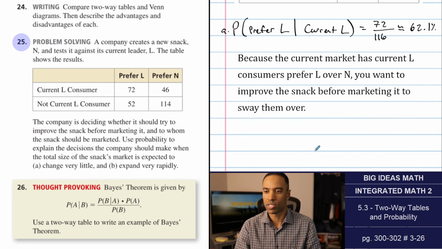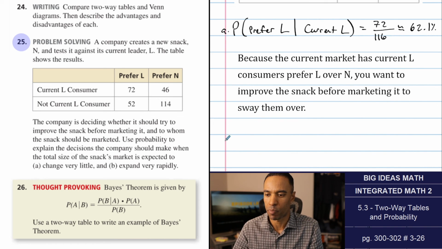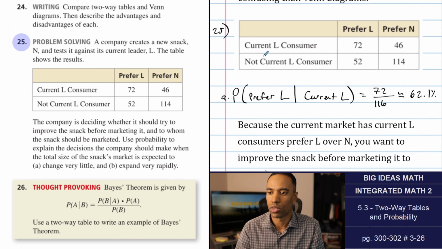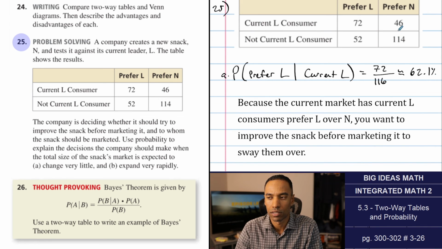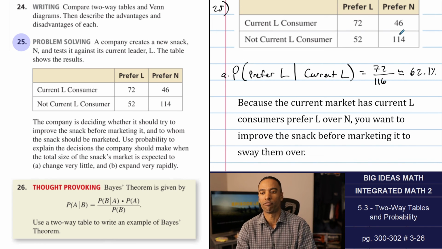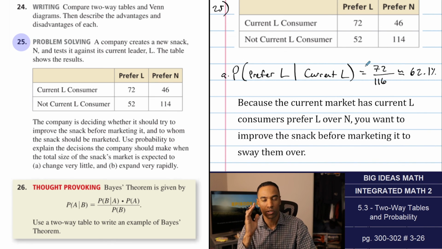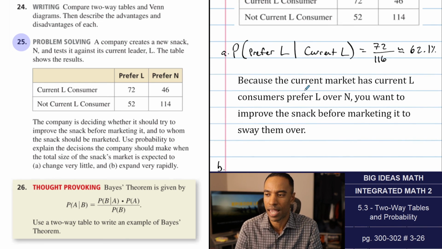Now, part B says if it changes rapidly, if it expands very rapidly, you hit more of these folks here, right? When it comes to preference, there are more people who weren't current consumers that are expanding there that do prefer it. So among those who prefer it, those are not current L consumers. So there's no need to improve it because those are the ones who already like it anyway.